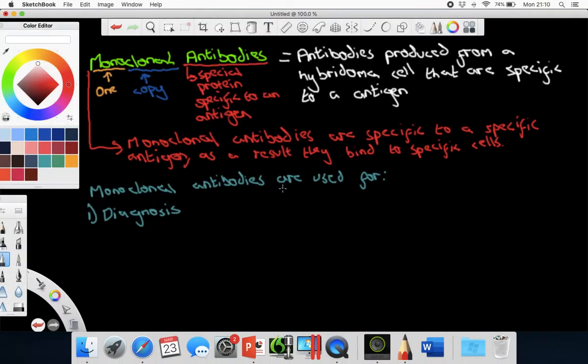But we can use monoclonal antibodies to look for a molecule known as HCG. So we can put next to diagnosis, e.g. diagnosing pregnancy.